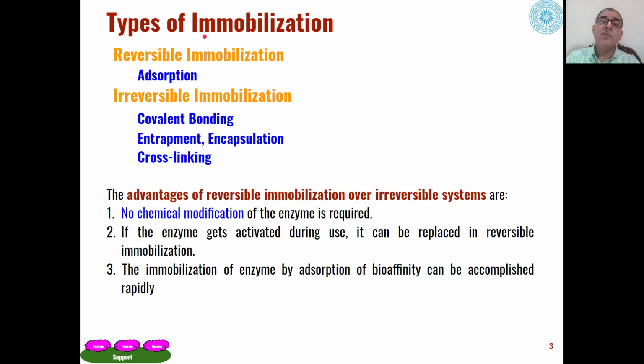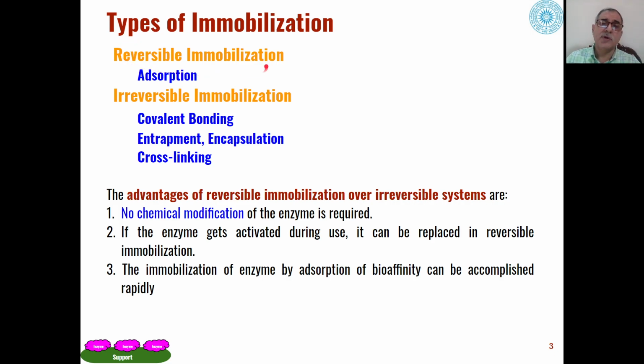Then immobilization of these enzymes can be done by different methods. The main two types of immobilization are reversible immobilization and irreversible immobilization. Reversible immobilization is that once you immobilize the enzyme, then by the reverse process the enzyme in its native form can be generated back.